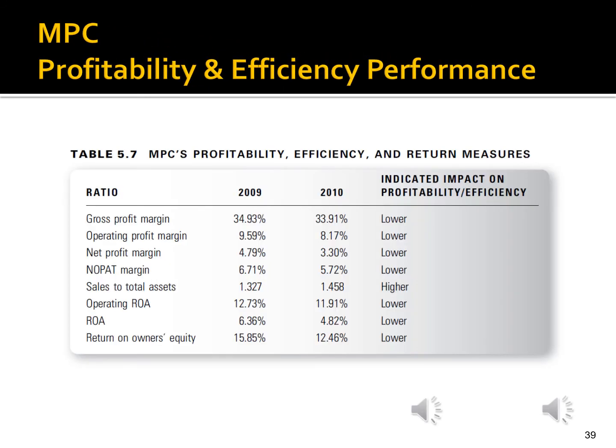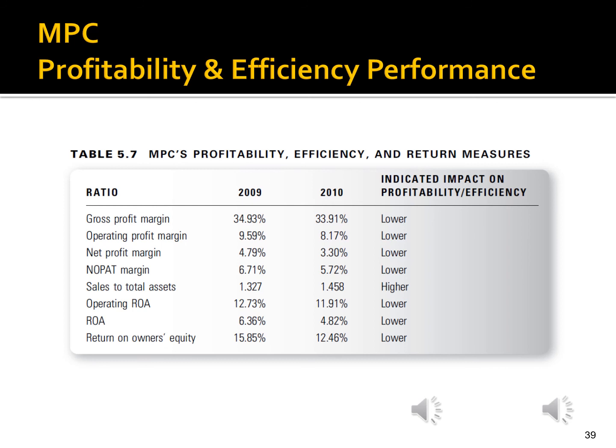Overall, based on the MPC example, these are the measurements for the profitability and efficiency of the business based on the list of ratios here. For example, gross profit margin, we compare 2 years, 2009 and 2010. It indicates a low gross profit margin for the business.